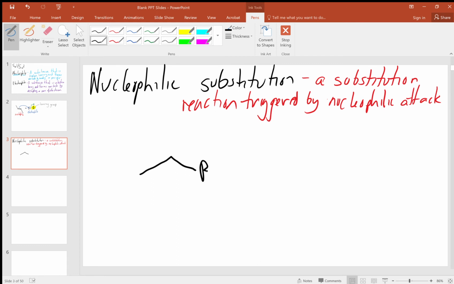So if we have an alkyl halide here, for example, we can add a nucleophile to it, such as hydroxide. We know that the carbon-bromine bond is polarized. Bromine is more electronegative than carbon.